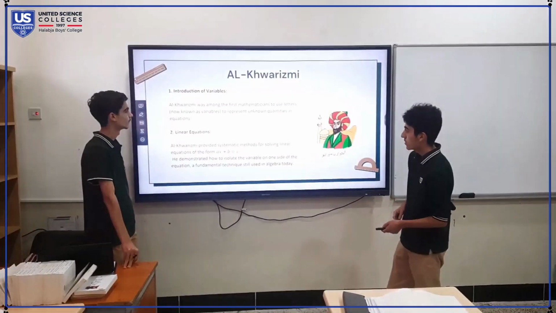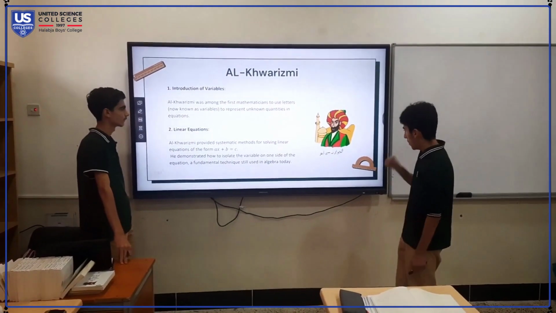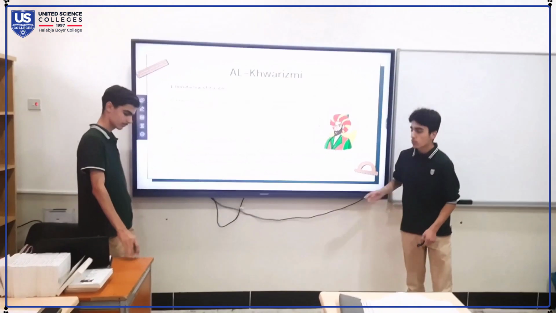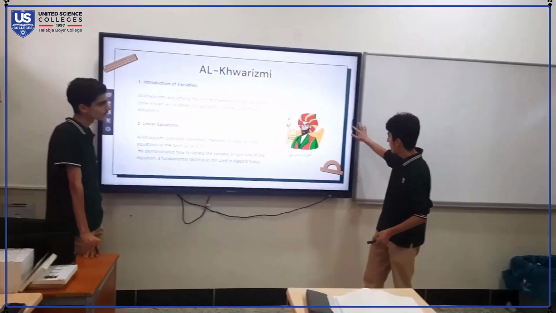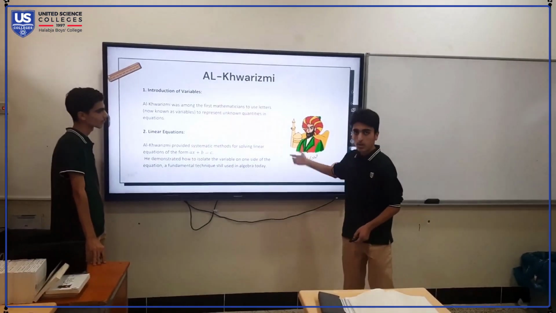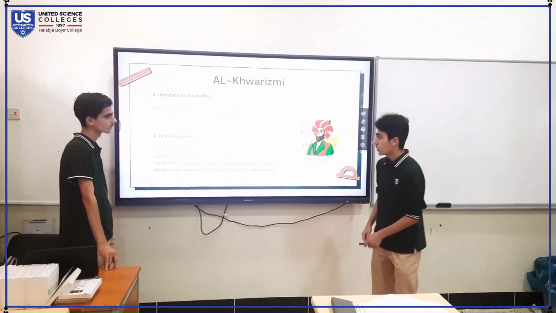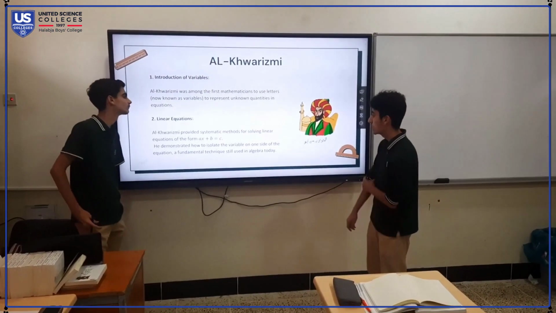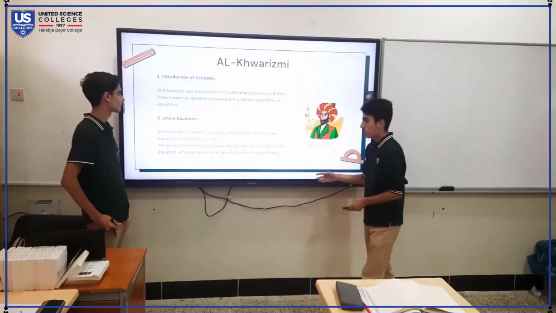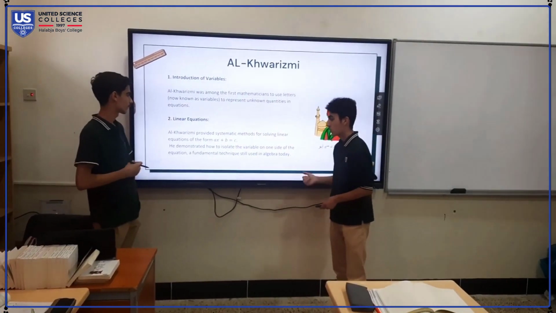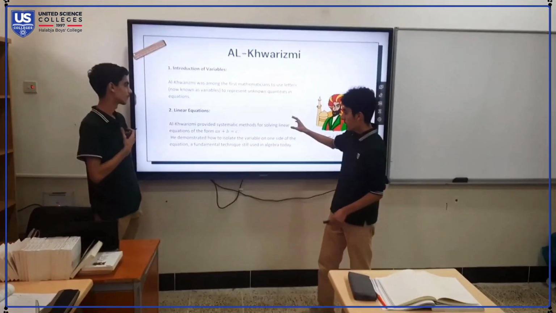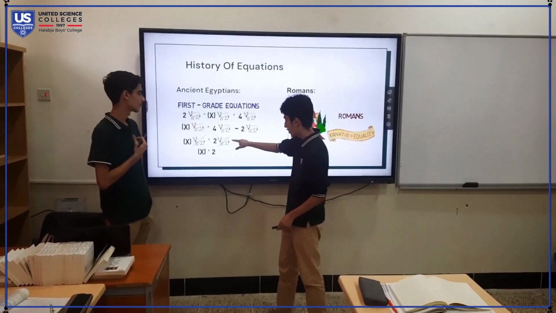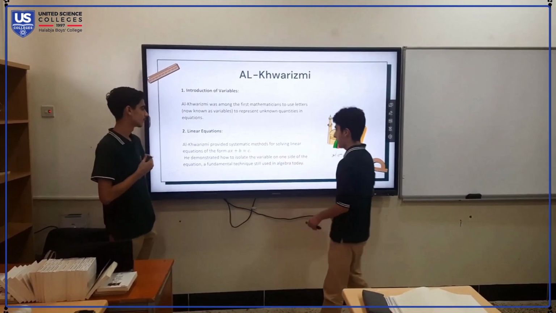Al-Khwarizmi was among the first mathematicians to use letters, like x or y, for unknowns. The second contribution is linear equations. Al-Khwarizmi provided systematic methods for solving linear equations of the form x plus b is equal to c. He developed techniques to solve this kind of equation, which we call the general form.